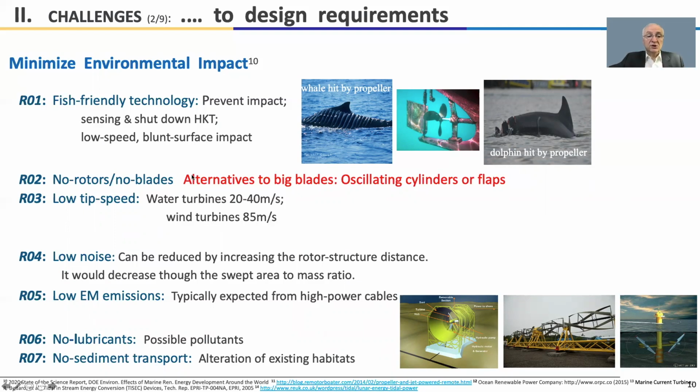And the question is, are there alternatives to big blades? And yes, we have oscillating cylinders, which is the technology we have developed, or oscillating flaps. And there are other requirements like low noise, low electromagnetic emissions, no lubricants, no sediment transport.